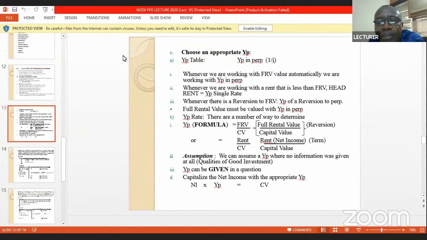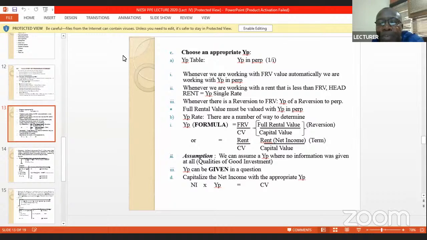But if you are valuing a head rent, less than full rental value, after which we revert to perpetuity, a reversionary interest, then the YP we must use is the YP of a reversion to perpetuity.